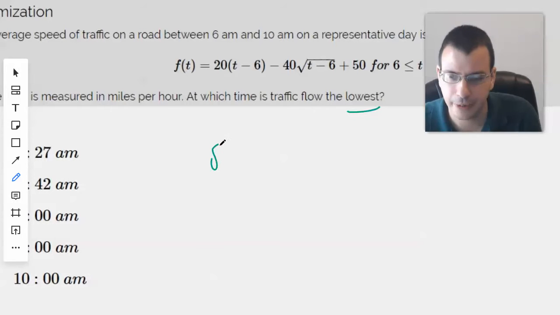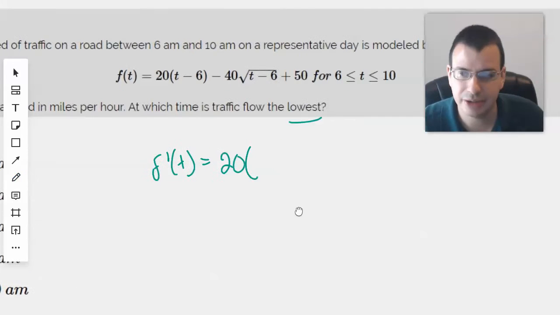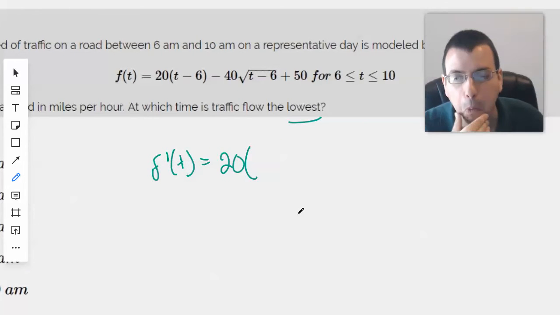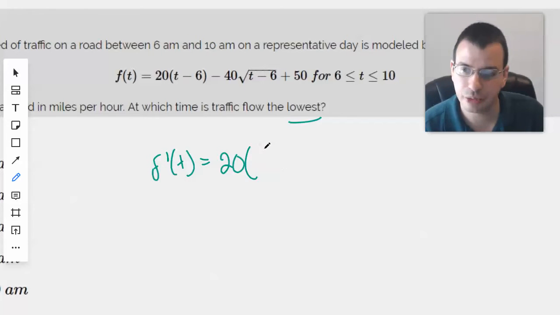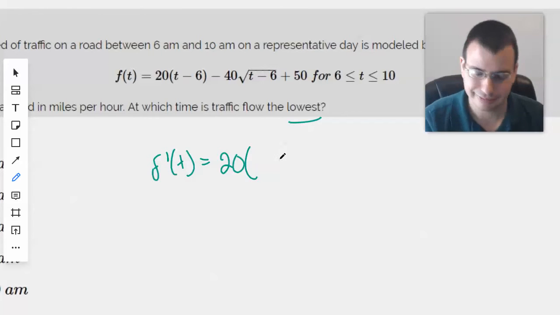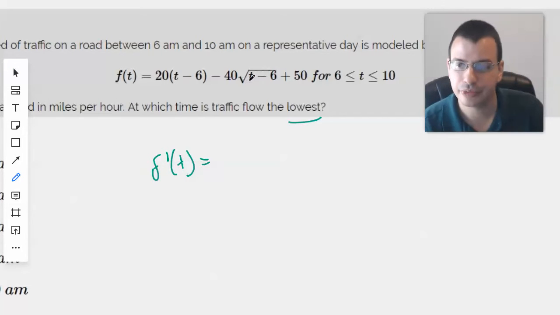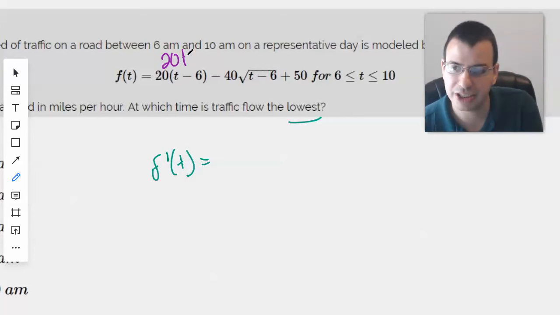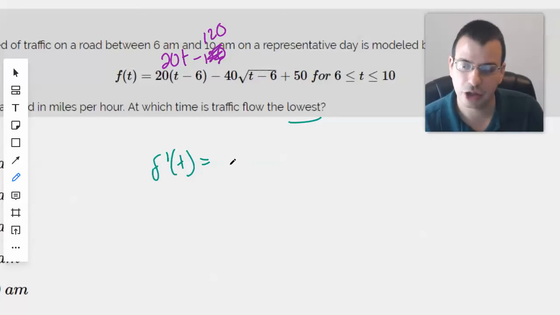So this first term, 20 times t minus 6, will be 20t minus 120, and so the 120 will go away, and you'll be left with 20.